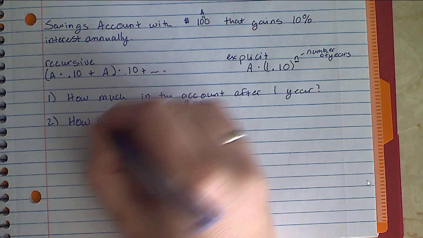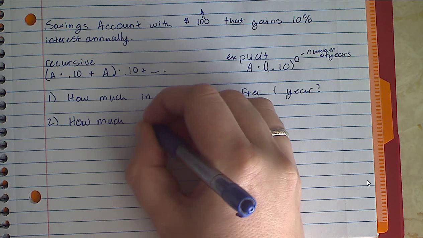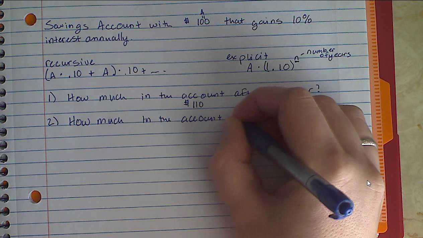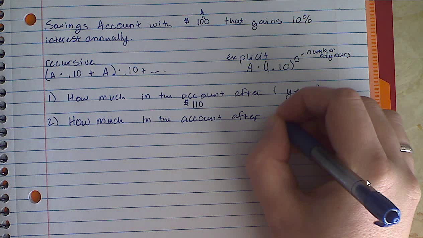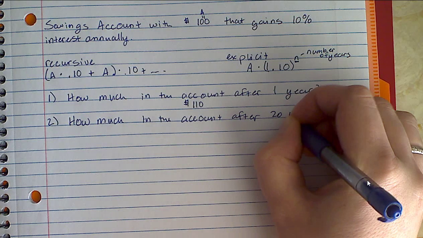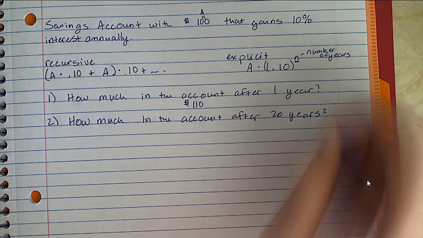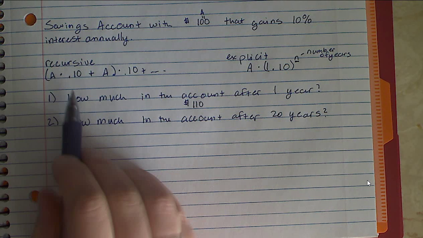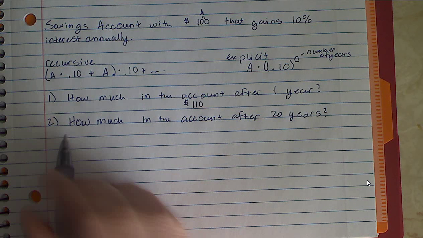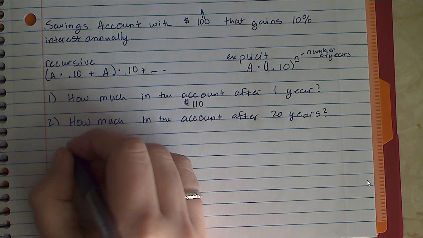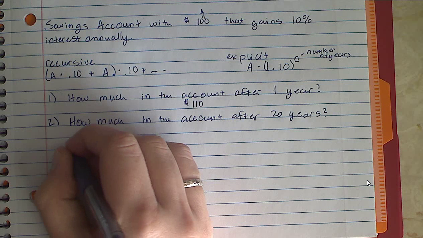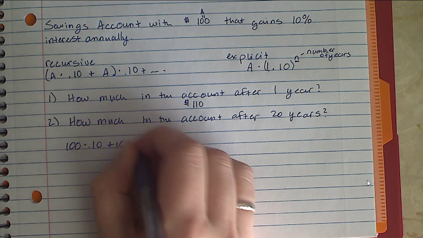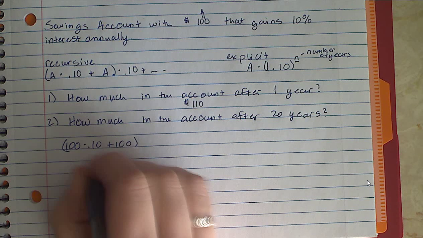Question number 2 is how much in the account after 20 years. Now, if you wanted to do the recursive formula, here's how you would have to do that. First, you'd have to find out how much is in the account after 1 year. So you'd do 100 times 0.1 plus 100, and you'd get 110.